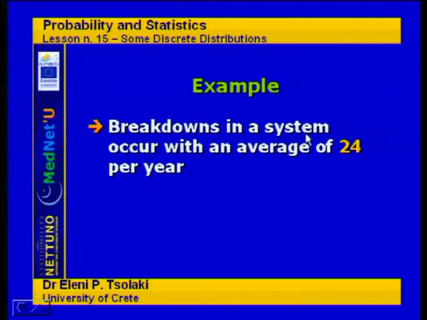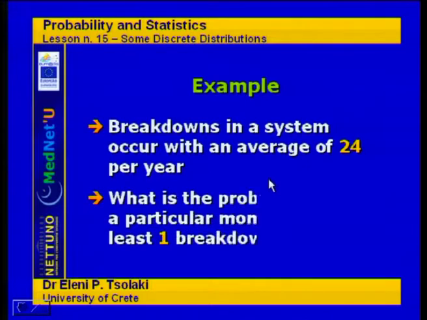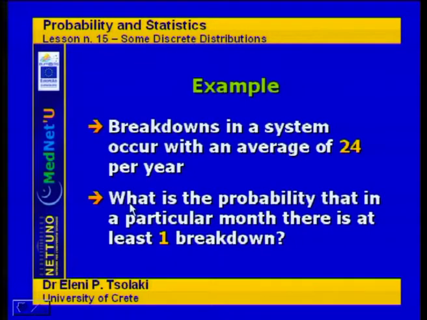We have breakdowns in a system that occur with an average of 24 per year. And the question is, what is the probability that in a particular month, we have to note here that we are asking about a particular month, there is at least one breakdown.